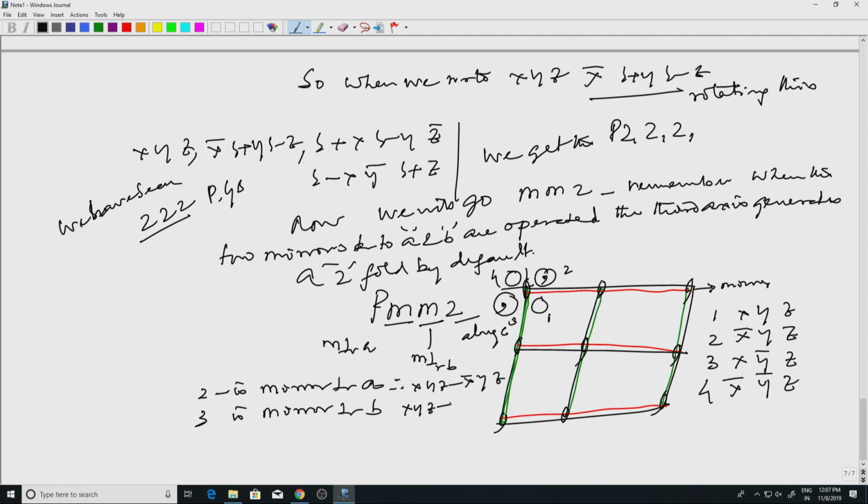XYZ becomes X Y bar Z. 4, sorry, 4 is two-fold along C. Therefore, XYZ becomes X bar Y bar Z.